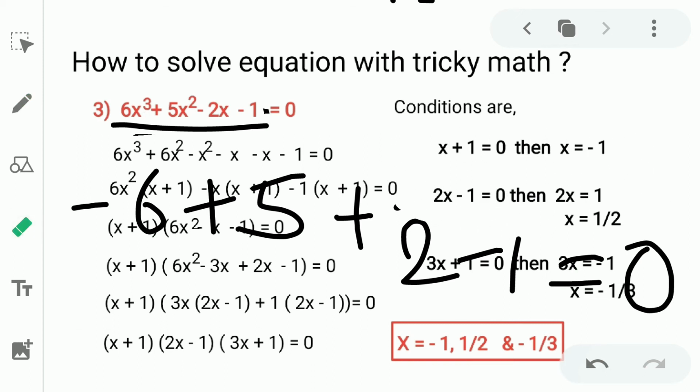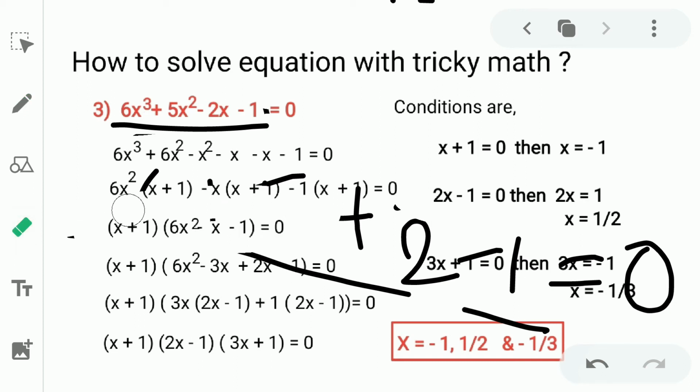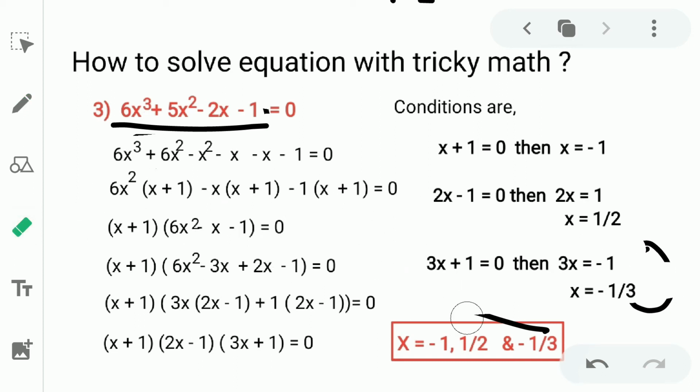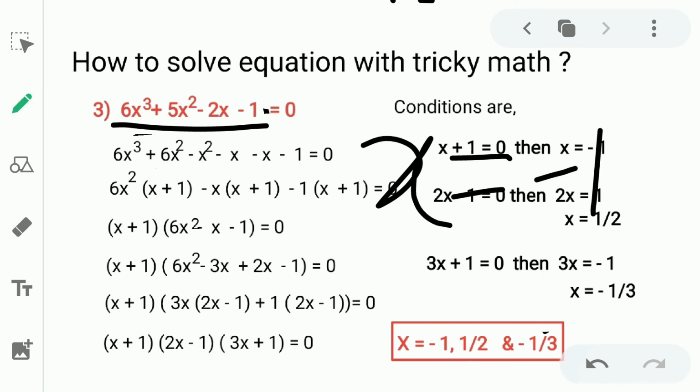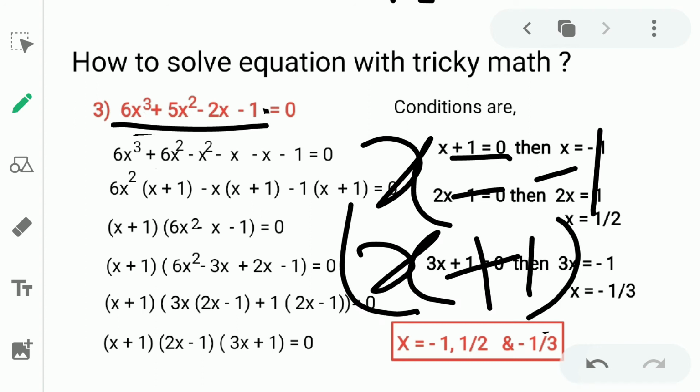Okay. 5 plus 2 is 7, minus 6 minus 1 is 7, so it becomes 0. So we have one solution, x equals minus 1. So x plus 1 is a factor.